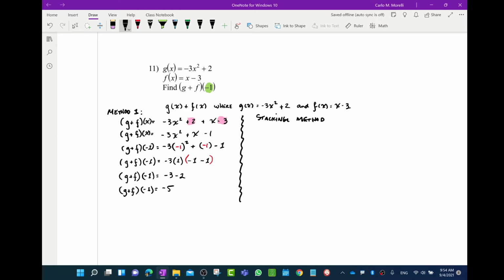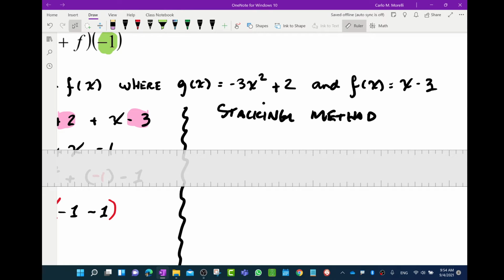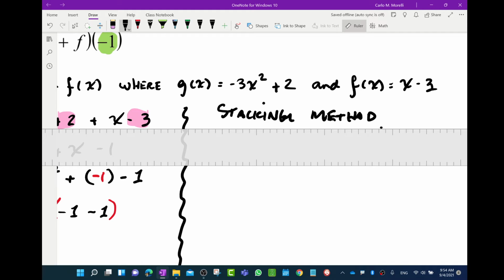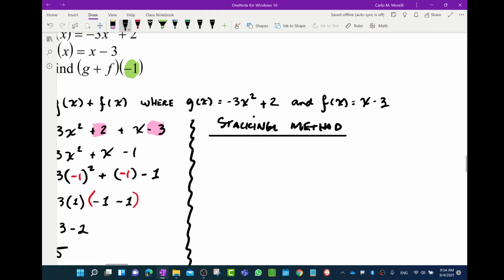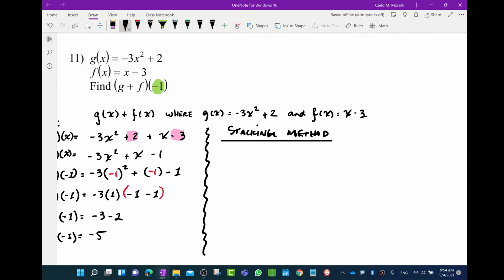So the stacking method has you create columns based on the exponents. So here the exponent is 1. That's important. Each exponent gets its own column.